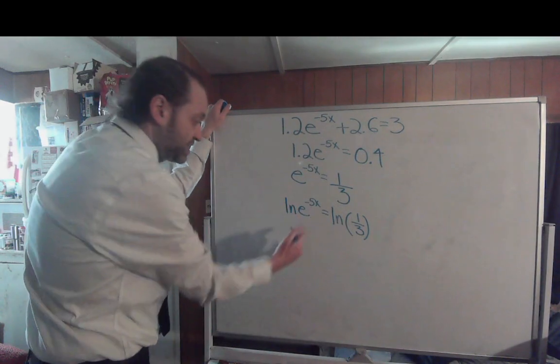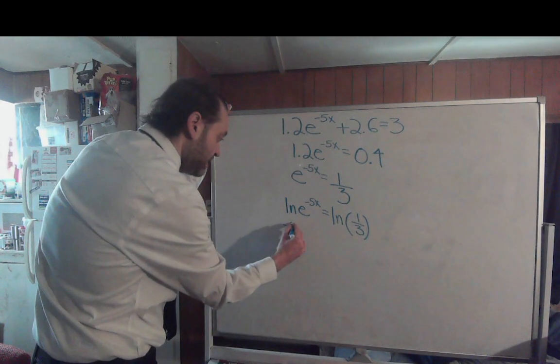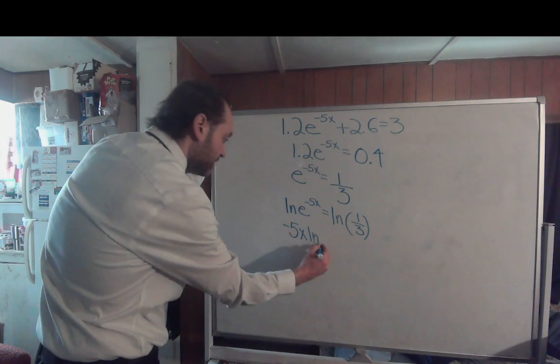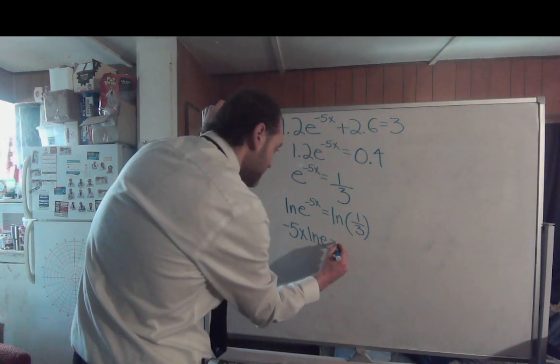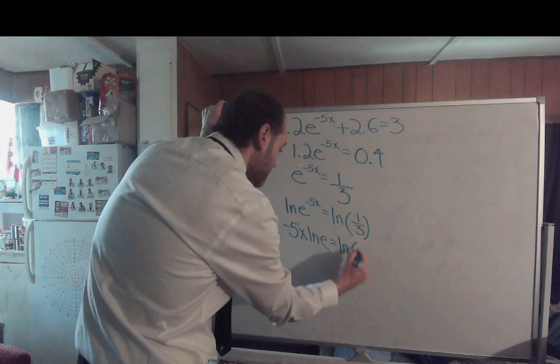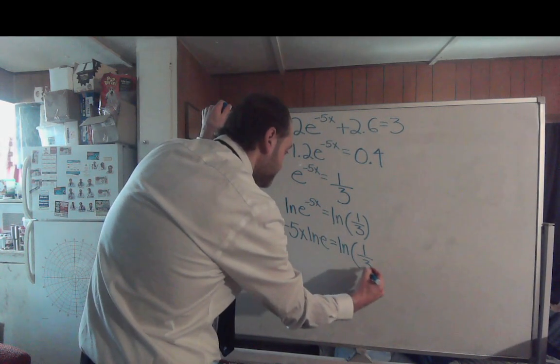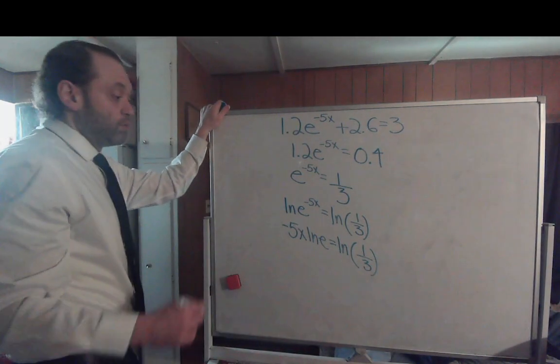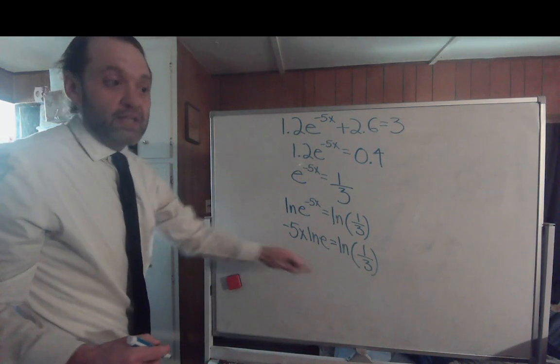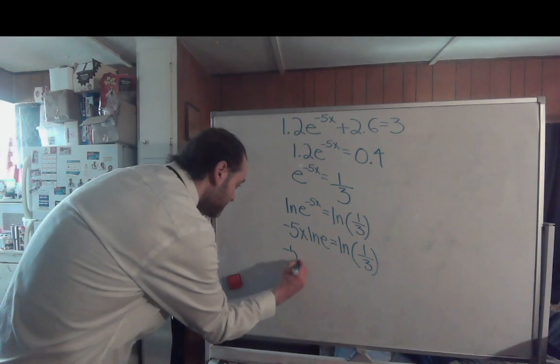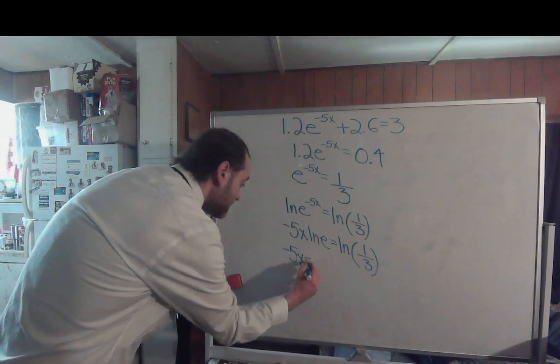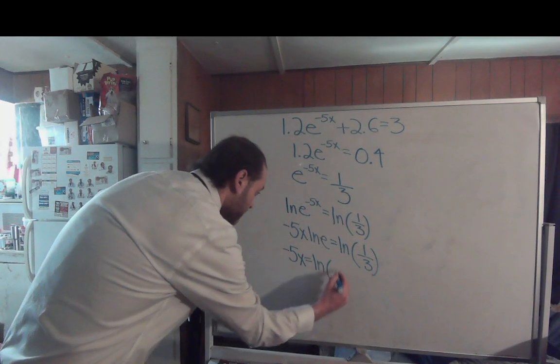On the left side, you have the power rule. That'll give you negative 5x times the ln of e equals the ln of 1/3. Well, what is the ln of e? That's just 1, right? So you'll get negative 5x equals the ln of 1/3.